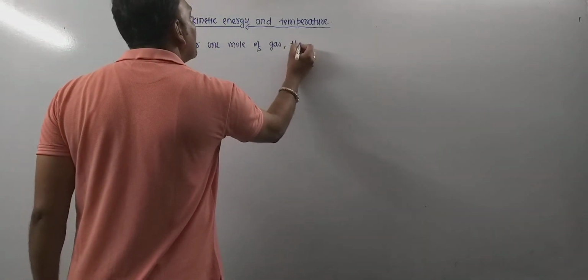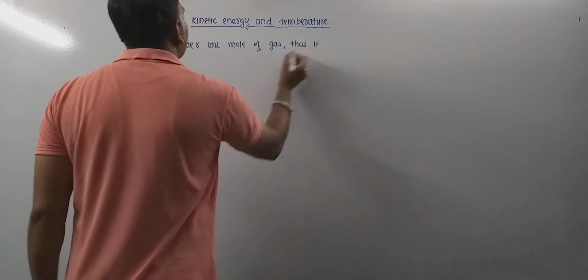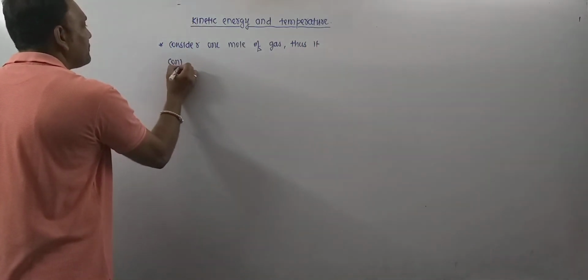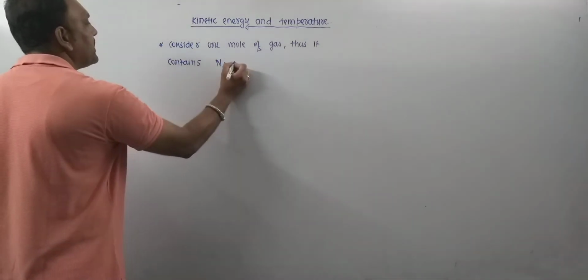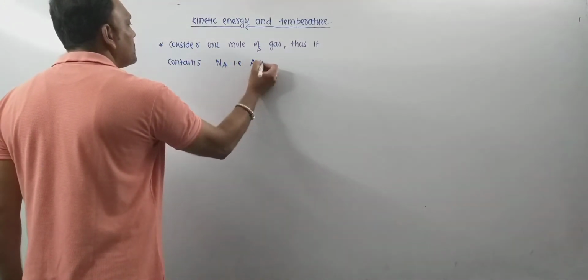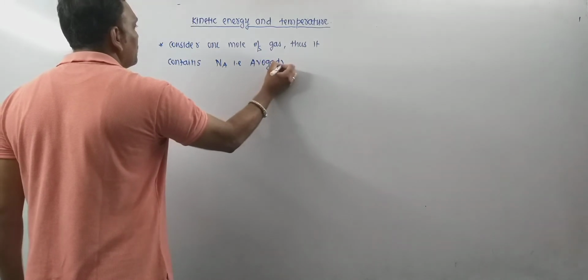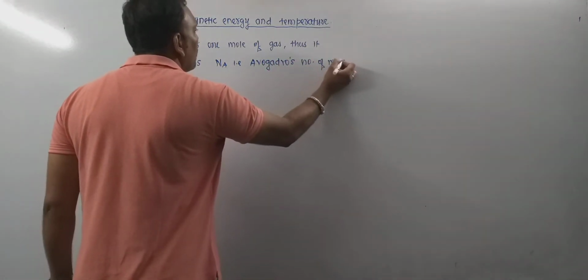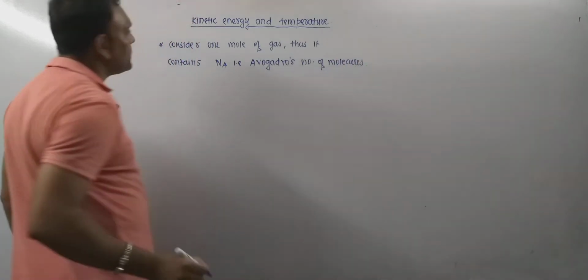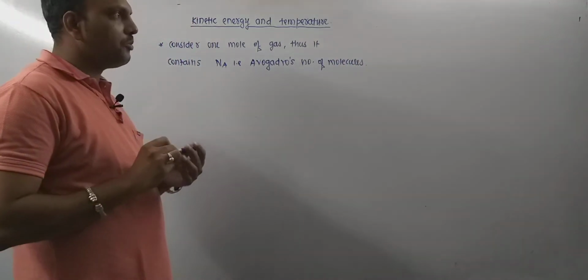So thus it contains Na, that is Avogadro's number of molecules. So this is very important thing to be known.